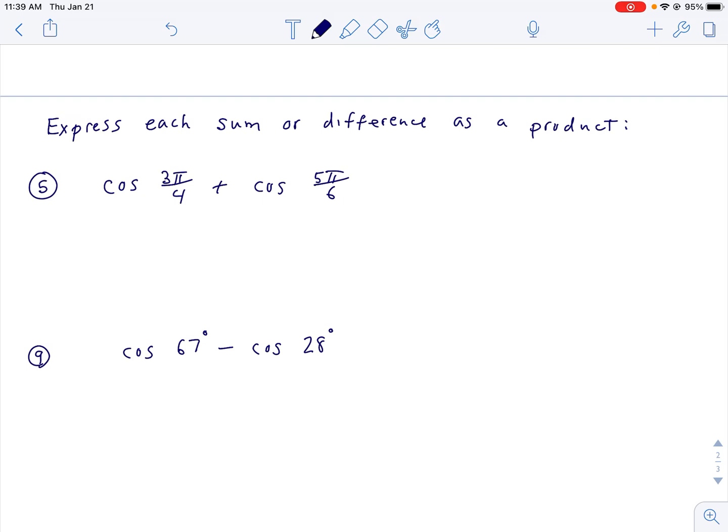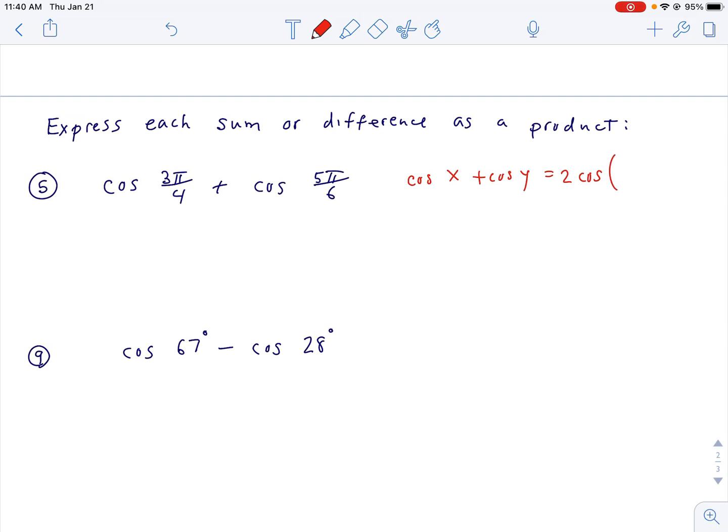If I look at number 5, it's cosine 3 pi over 4 plus the cosine of 5 pi over 6. So it's in the form of cosine plus a cosine. This time we're going to do the opposite. We're going to take things added and turn it into a product, turn it into things being multiplied. So I'll write out the applicable identity for cosine plus a cosine. It's the first identity in the box on page 307, which says that the cosine of x plus the cosine of y is 2 times the cosine.